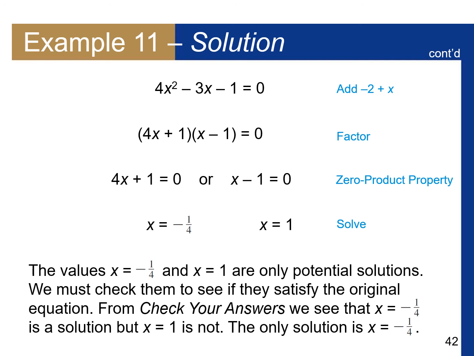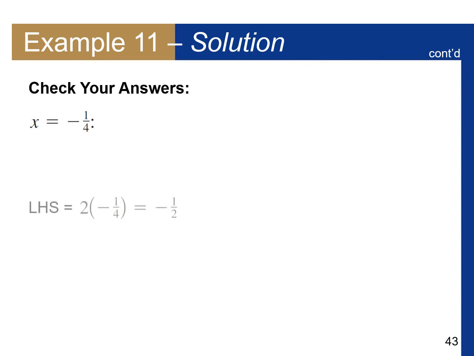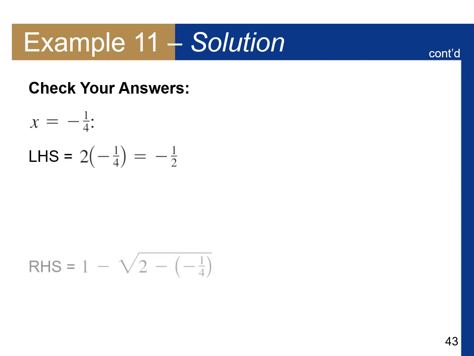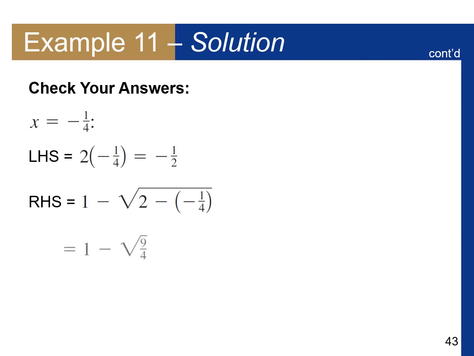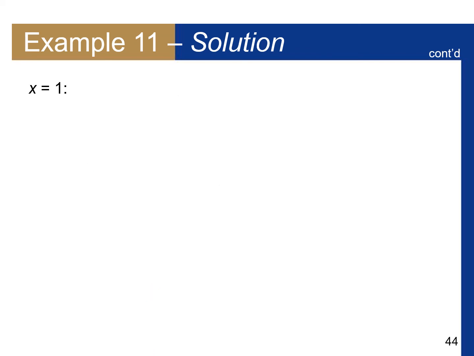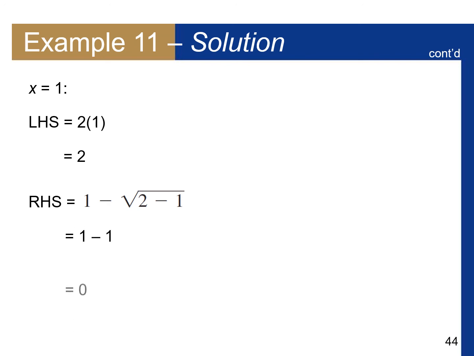So if you don't check your answers, especially when you have rational expressions, you could be making a big mistake. Here it shows you that the left-hand side is going to equal the right-hand side. But for x equals 1, the left-hand side will be 2. The right-hand side will be 0.